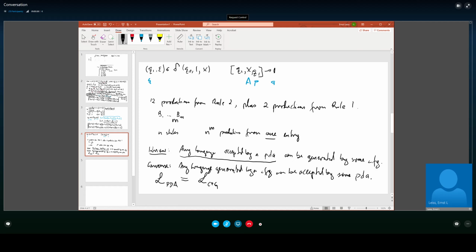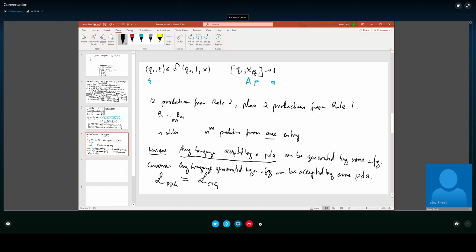So that means that context-free grammars and push-down automata are equivalent as far as their power of defining a language is concerned. And that's all I really was planning to do today.